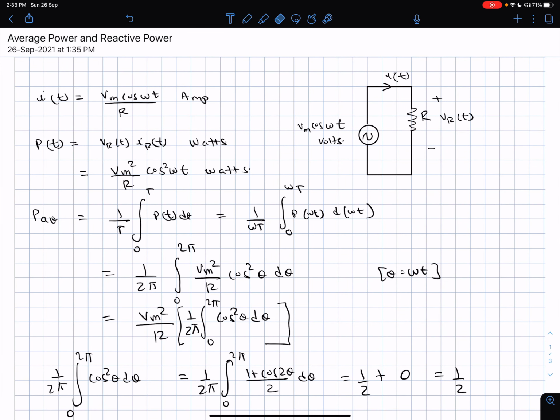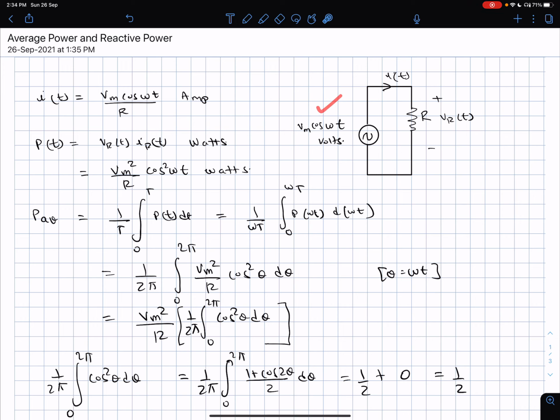Yeah, welcome back. So today we will start looking into the concepts of power and derive the expressions for average power, reactive power, power factor for single phase circuits. So I will start with a very simple resistive circuit.